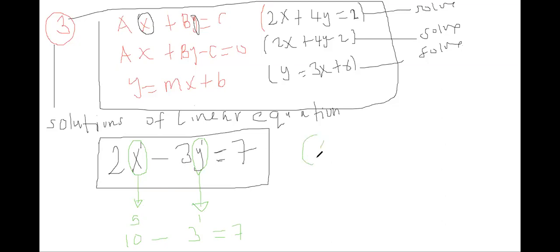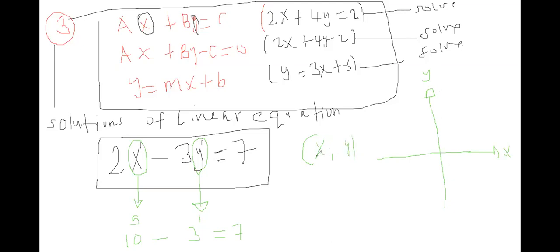Remember, we have this coordinate system. If you have done geometry in high school, we have the y-axis and the x-axis. Normally x is here, and then y is here.